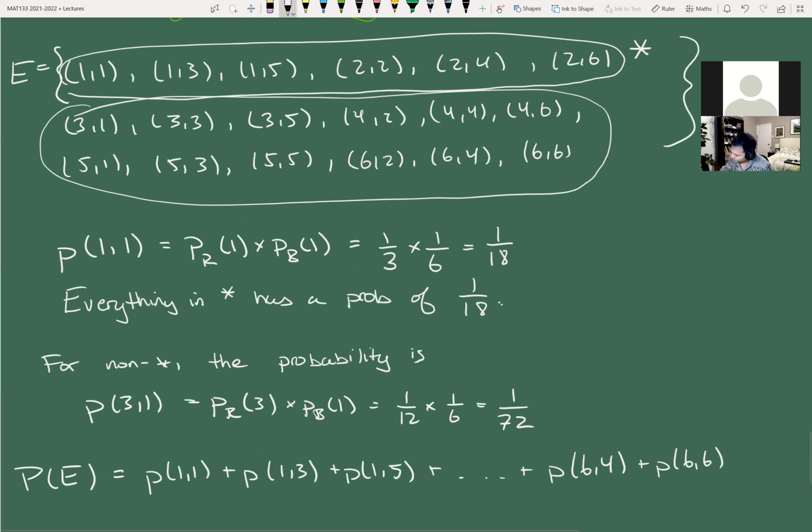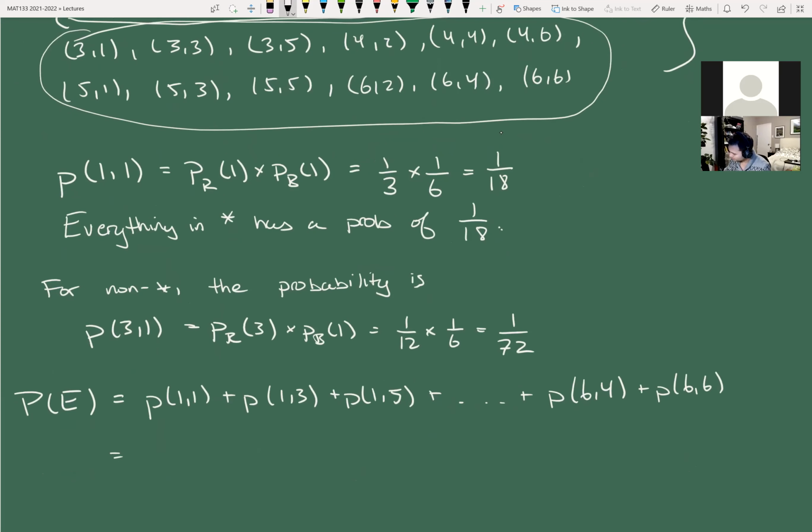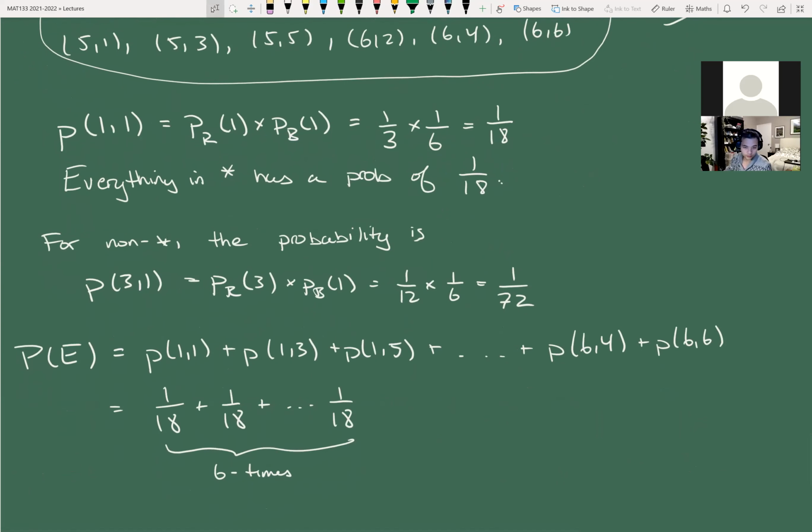Okay. Everything in the star group has the same probability, right? So that means I'm going to get 1/18 plus 1/18 plus ... plus 1/18, for the number of things in the star group. Does everyone agree? And that's just the star group. I've only done the first 6 numbers, but that's the probability of everything in the star group. So I get 1/18 times 6, right?